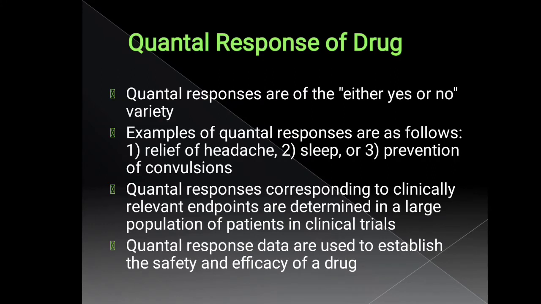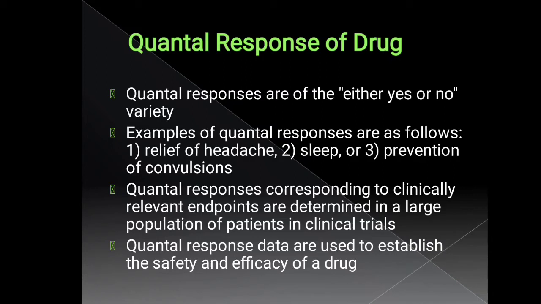Now second is the quantal response of the drug. Quantal responses are of the either yes or no variety. Examples of quantal responses are as follows: relief of headache, sleep, prevention of convulsions. Quantal responses corresponding to clinically relevant endpoints are determined in a large population of patients in clinical trials.